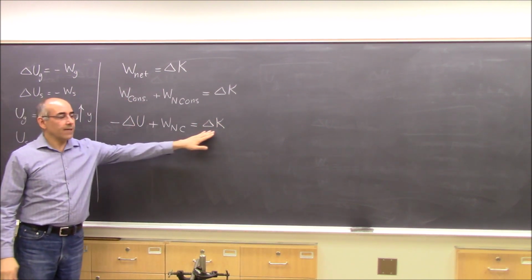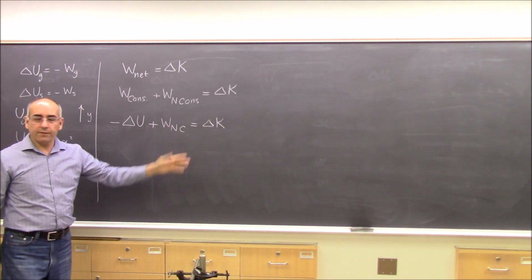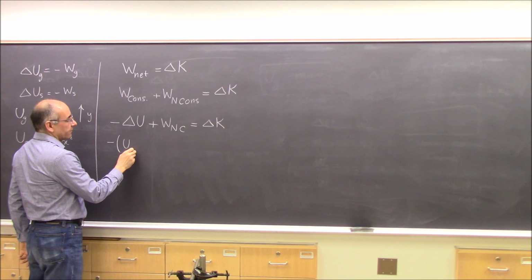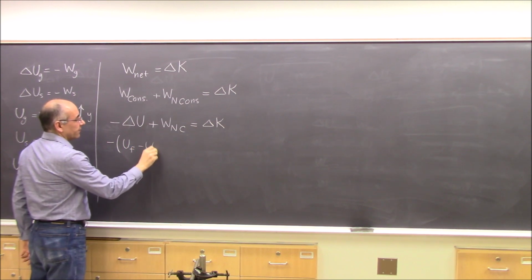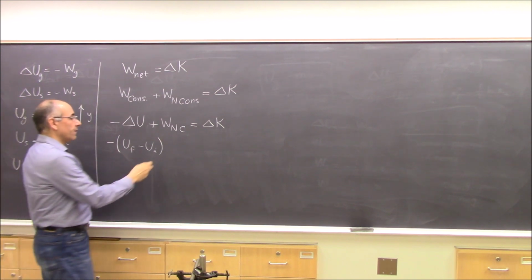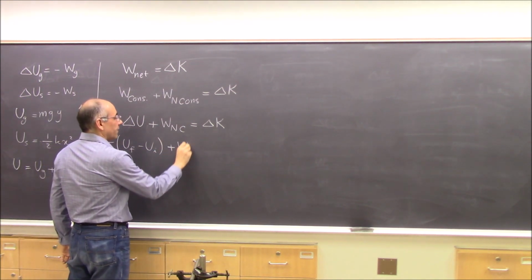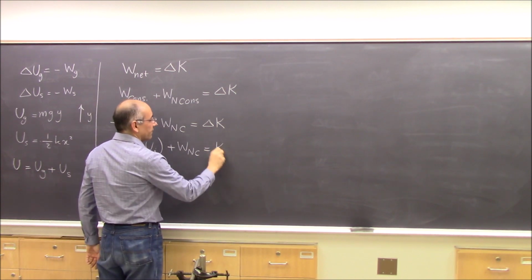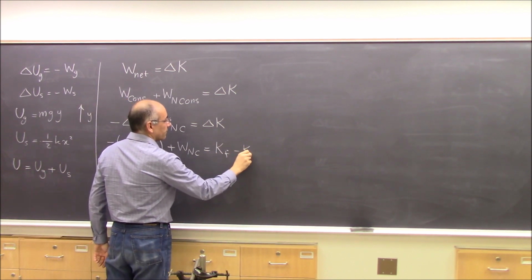Now I can write these as initial and final, right? This is negative U final minus U initial. That's what delta is, right? Always final minus initial. Plus W non-conservative equal to K final minus K initial.